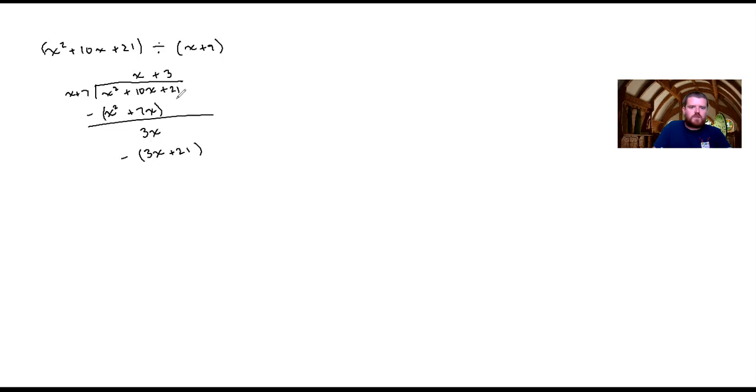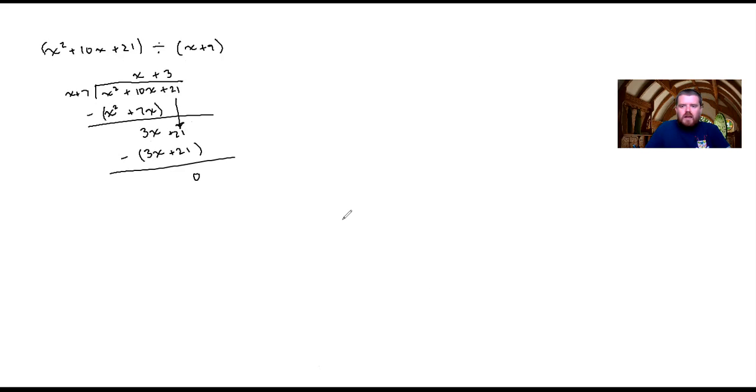I'm going to subtract this from what I have left, which is 3x plus 21. And that gives me 0. Because I got a 0 there, that means it's done correctly. And so x squared plus 10x plus 21 divided by x plus 7 gives me x plus 3.